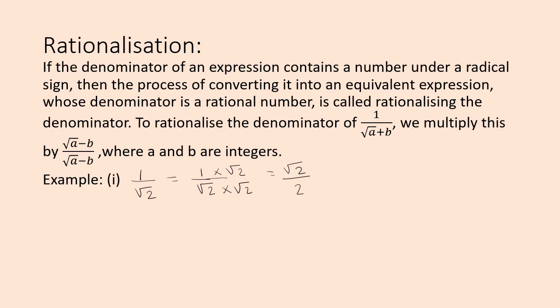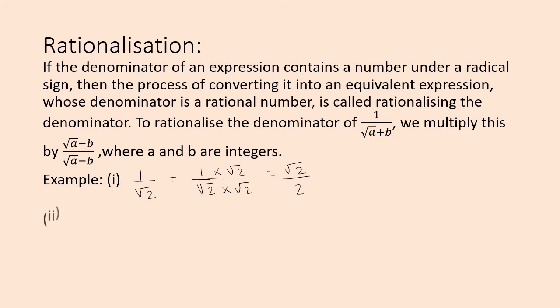Root 2 upon 2 is equivalent to 1 upon root 2, and here in root 2 upon 2 the denominator is a rational number. So this process is called rationalization, and the number by which you are multiplying here, root 2 upon root 2, is called the rationalizing factor.